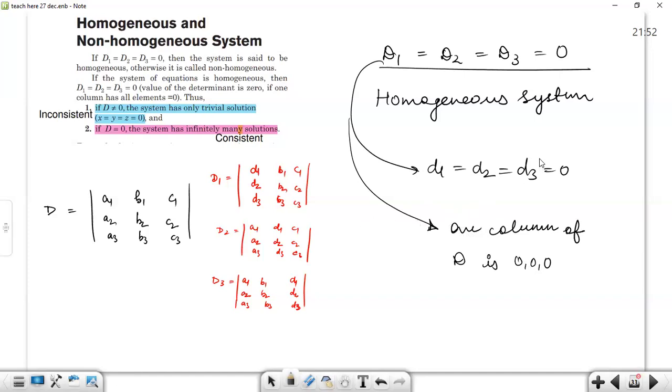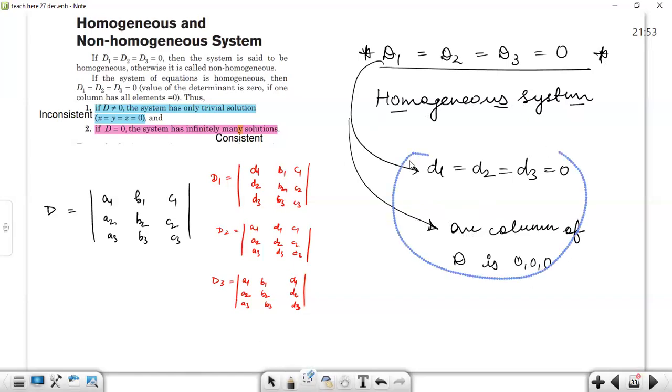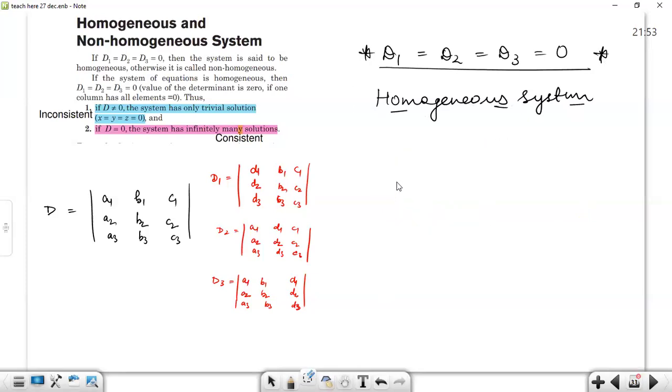I don't want to confuse you; basically, the parent condition is this only. When D1, D2, and D3 all become 0, then the system will be known as a homogeneous system. I believe this has given you enough understanding about homogeneous systems.